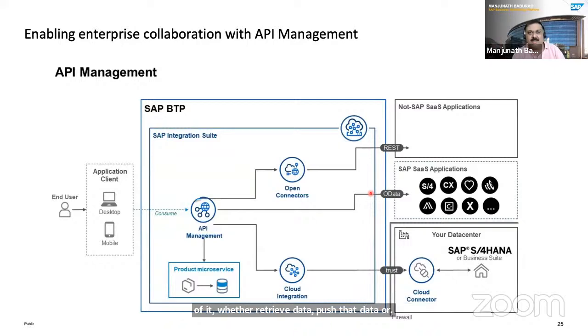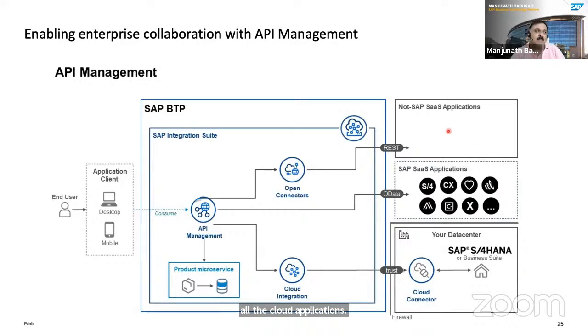That is as simplified as that. But look at this API-led integration reference architecture, wherein you have the API management capability within the SAP Integration Suite via a simple OData API, talking to all the cloud applications of SAP, right?